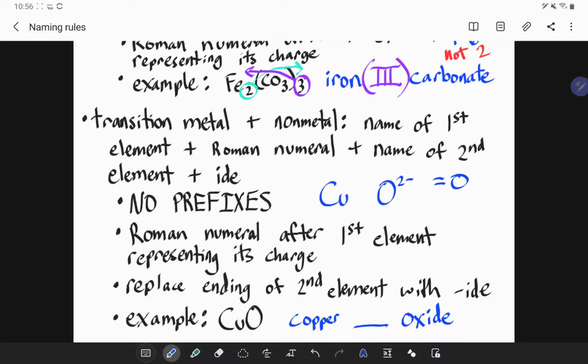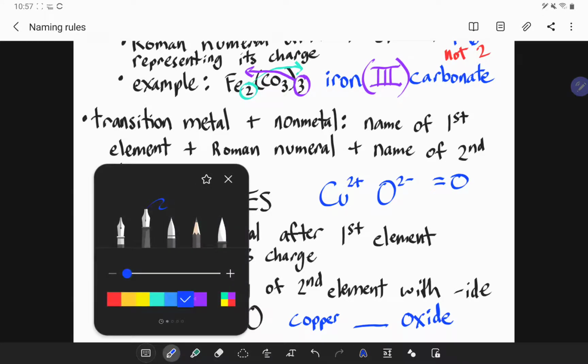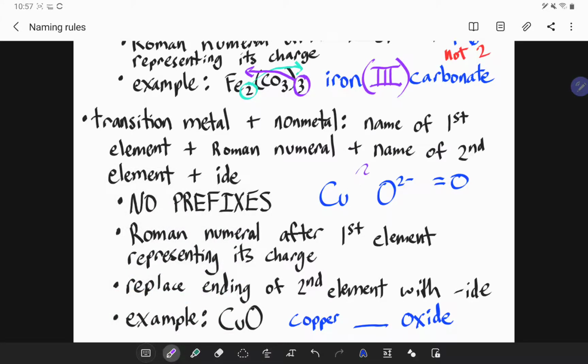We don't know. But we can figure it out through a little bit of math. What plus -2 equals 0? Well, any number minus itself is going to equal 0. So 2 minus 2 equals 0. So that tells us that copper, and I'll write it in a different color for us, has a +2, and this is where we get this 2 that I'm going to write right here.